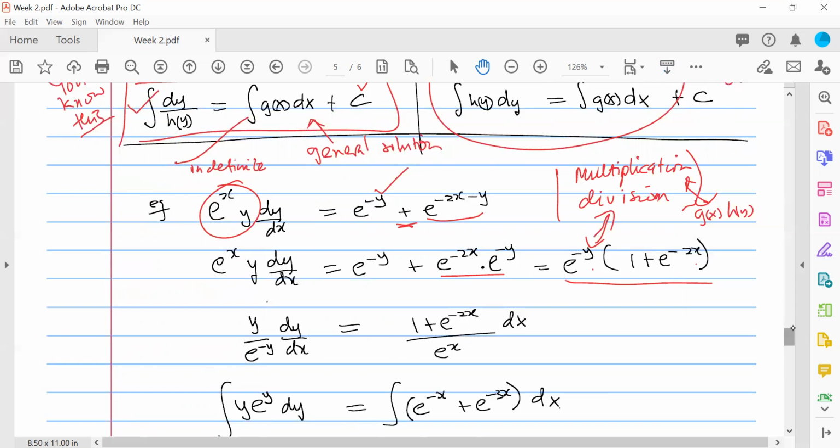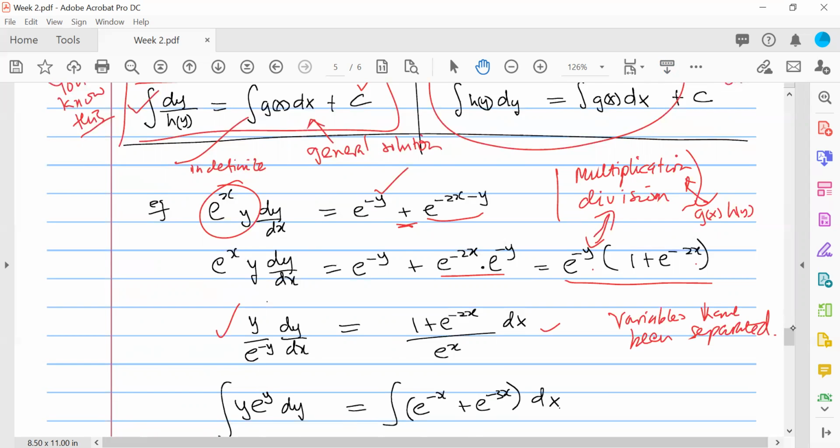So now let's separate the variables, multiply throughout by dx, divide throughout by e to the power x, and divide throughout by e to the power minus y. So when we do that, we get to this point, and you can see the variables have been separated now.